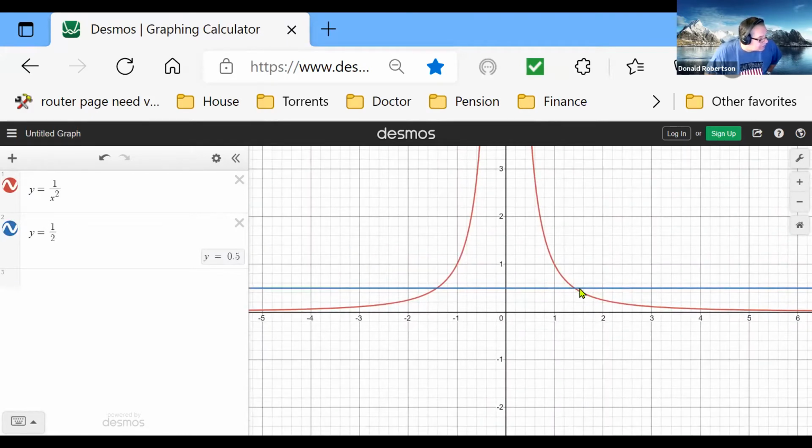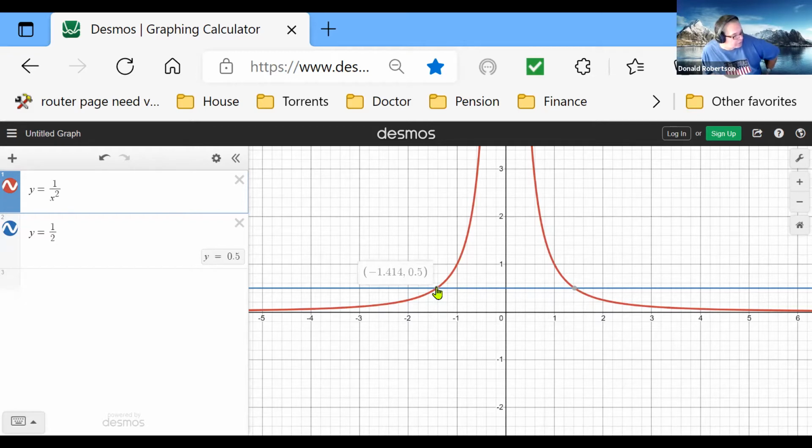If I click on that point there, you see it? That is 1.414. We have now found our c: 1.414. There is another place over here at negative 1.414, the x coordinate. I guess you'd call it a t coordinate in this question. But I'm not going to use that one.